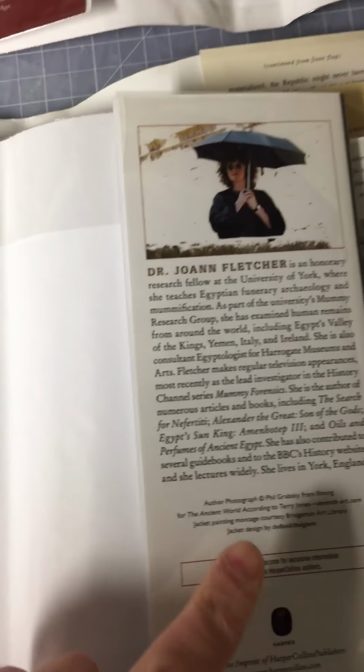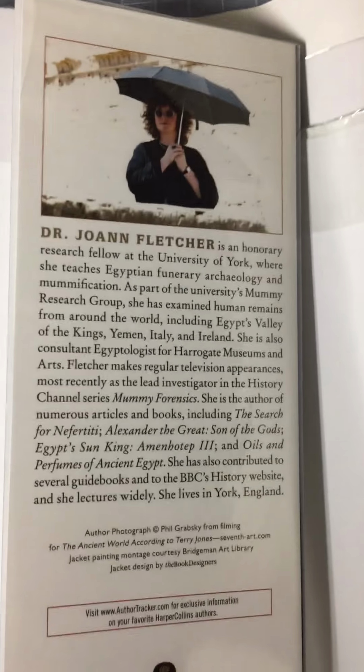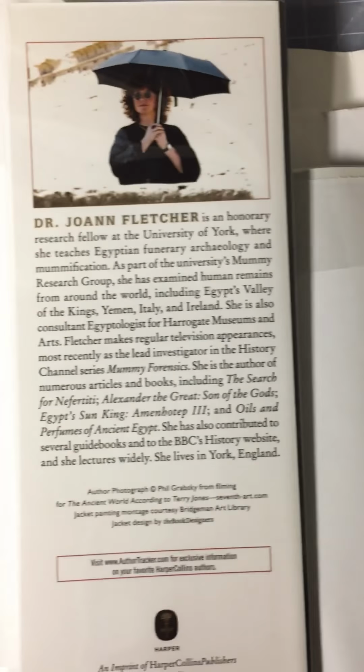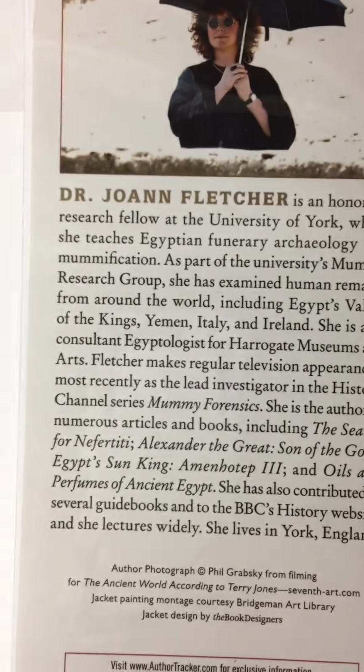So I notice that the type is set in the same way from the front to the back cover. There's no variation. In other words, we don't start with 8-point text here and then it goes to 14 here or something like that. And we see that on all of these.